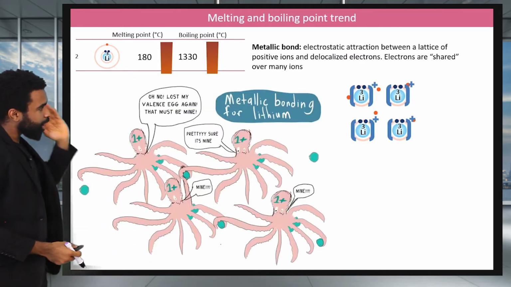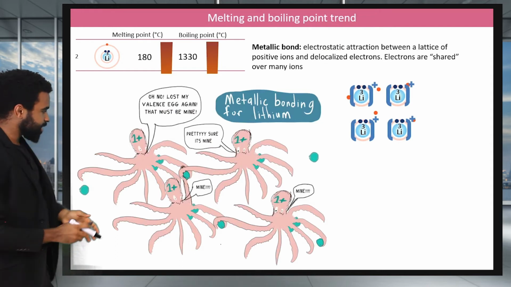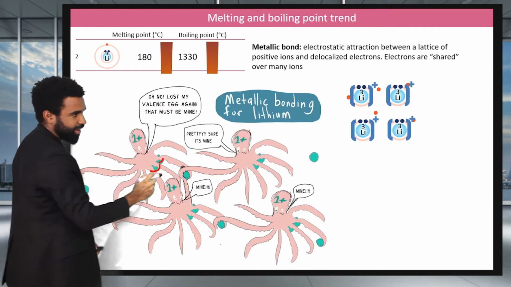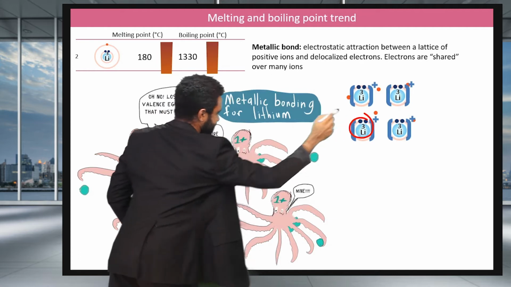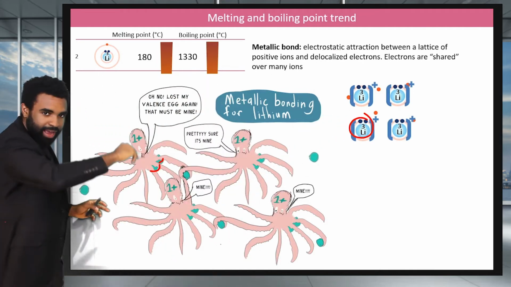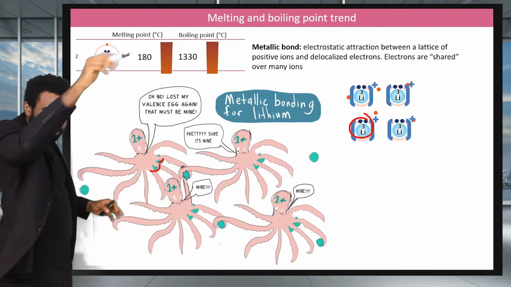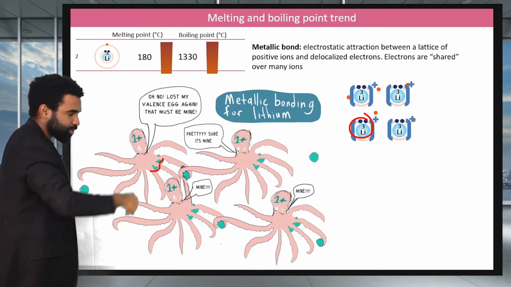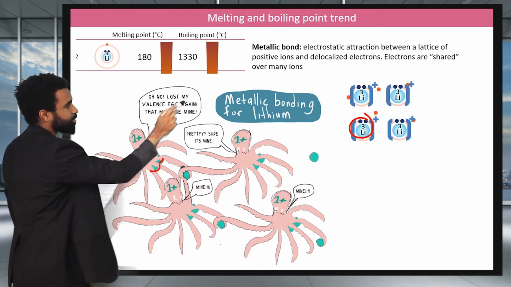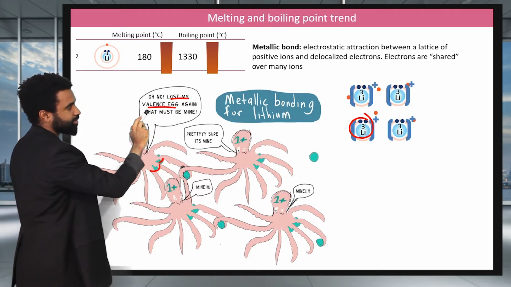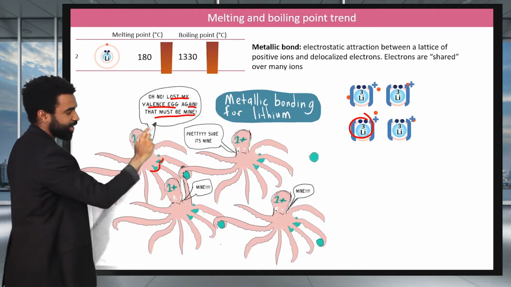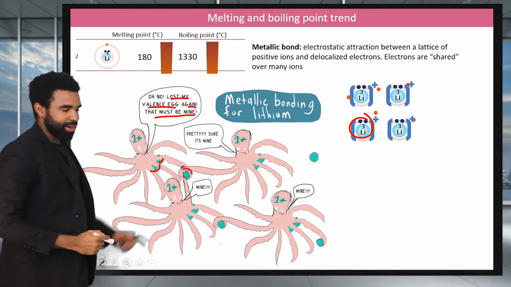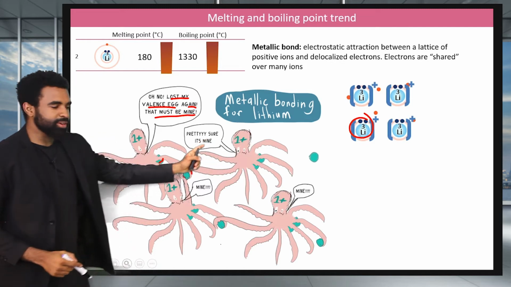Consider an analogy here. We have these octopuses, right? And they have these 2 eggs. The eggs are their inner shell electrons. Okay? But they also have outer shell eggs, but they tend to lose those eggs. So after losing the eggs, this guy says, oh no, I lost my valence egg again. That must be mine. So he's looking at this valence egg and saying, oh, that one must be mine. This guy says, no, I'm pretty sure that one is mine.